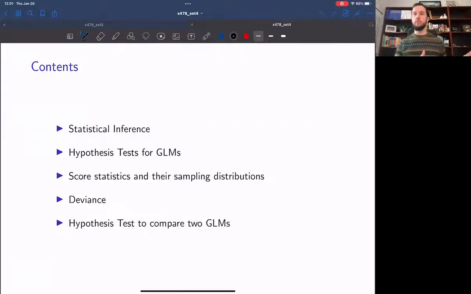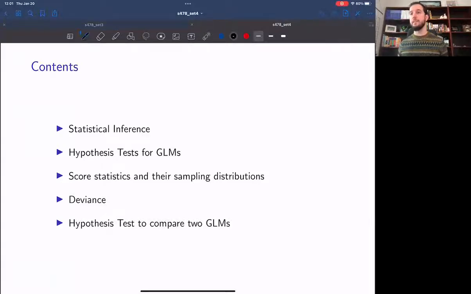So once I switch from a Poisson to a binomial, the work I did to derive the score function, for example, in the binomial case is no longer going to apply. The steps that we go through will, but the results are going to be completely different, right? So we're going to look at different illustrations of how to derive score statistics, which we've talked about, and then the sampling distribution of said statistics as well.